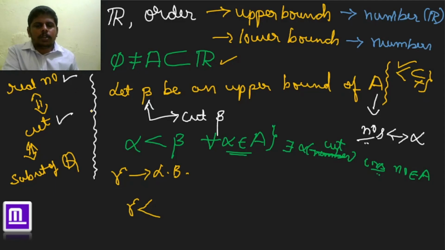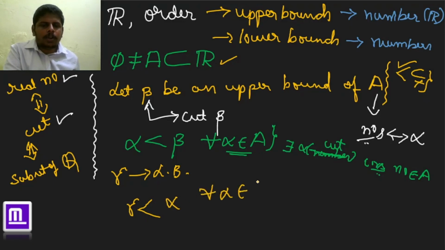Okay, because ultimately we have to stick with Rudin since we are going with Rudin. So gamma should be a proper subset of every cut belonging to A. So this is how we are going to define upper bounds and lower bounds.